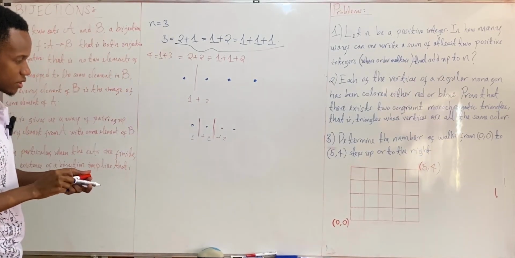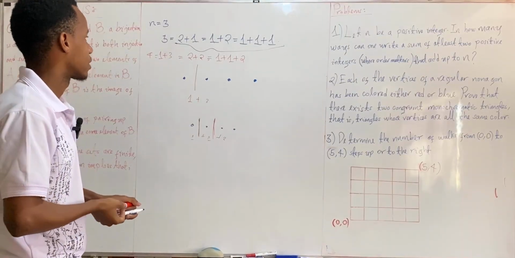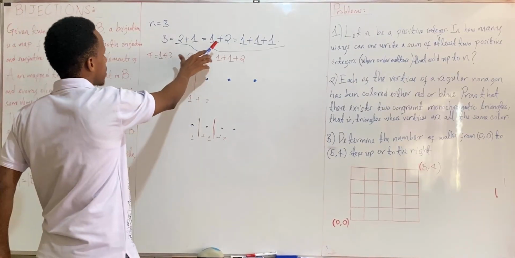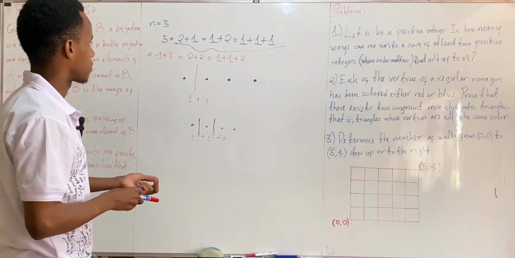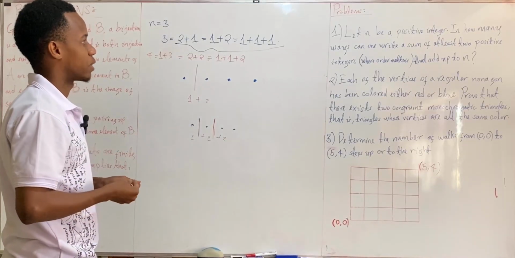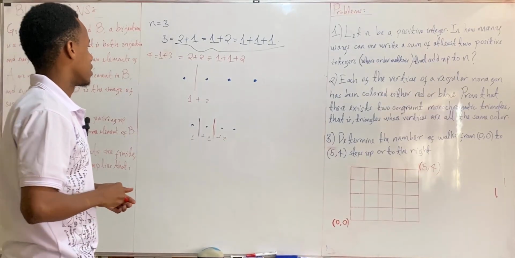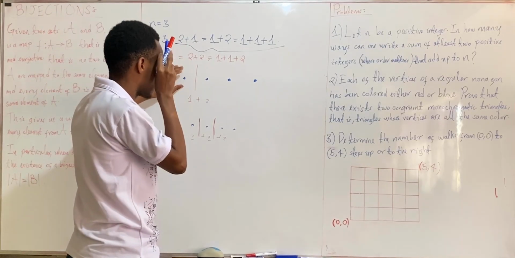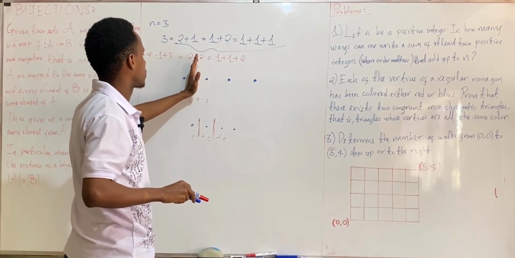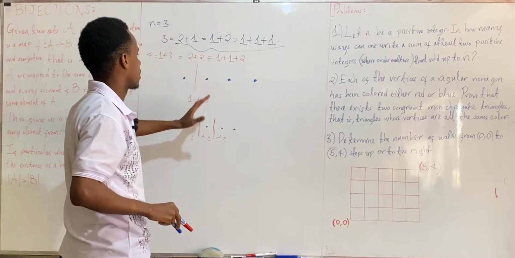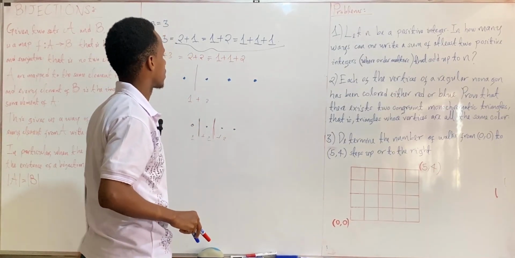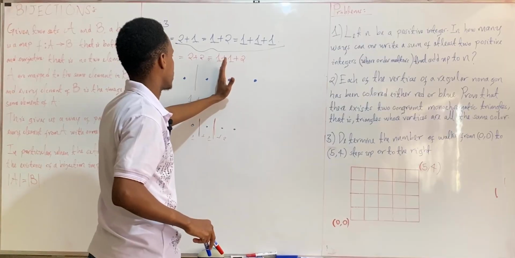So I guess at this point, you can see the pattern here. The number of ways of partitioning 3 into parts which are at least 1 happens to be the exact same as the number of ways of putting partitions between these points in the middle.